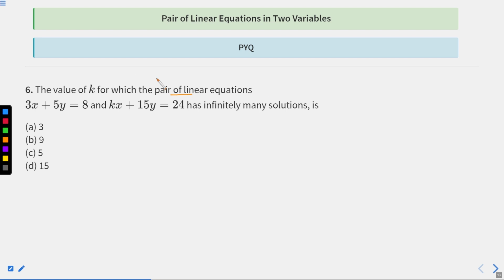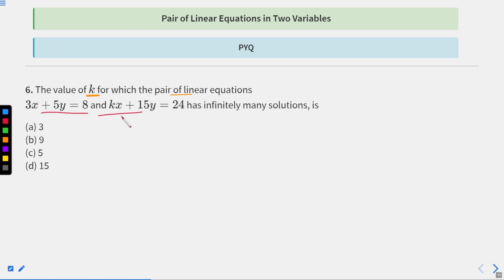So we need to find the value of k, and we have been given this pair of linear equations. This pair has infinitely many solutions, so what is the value of k? We have been given 4 options, and among these we will have to find which option is correct.